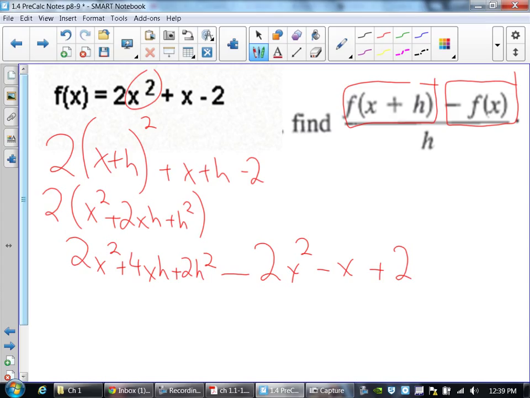All I'm doing here is just changing the signs. Since I'm subtracting the original function, in essence, all I'm doing is changing the signs of all of them by distributing out the -1. If you want to write the step, write it. If you don't want to write the step, don't write it.